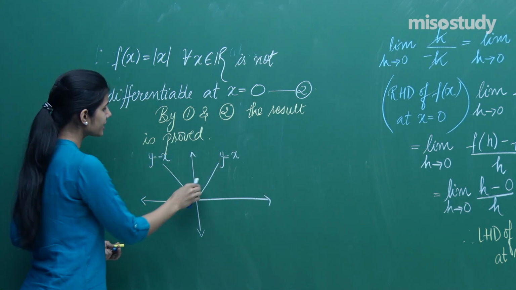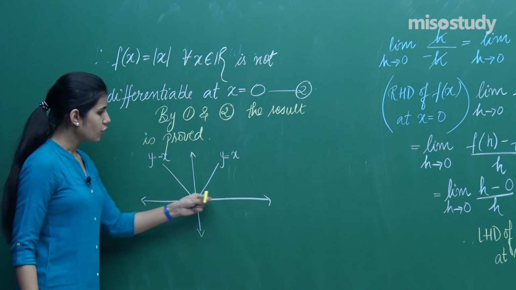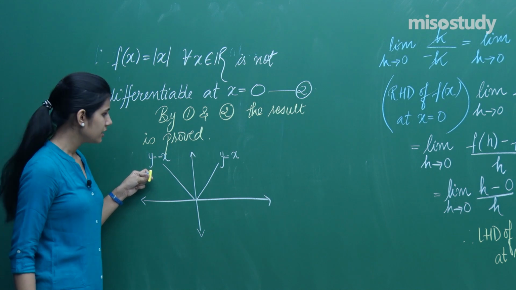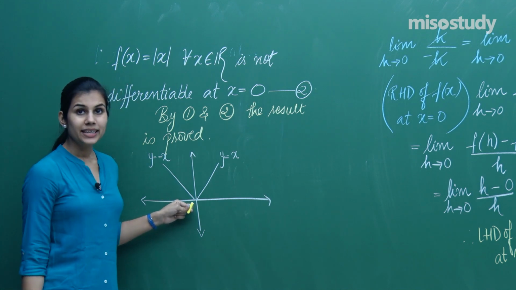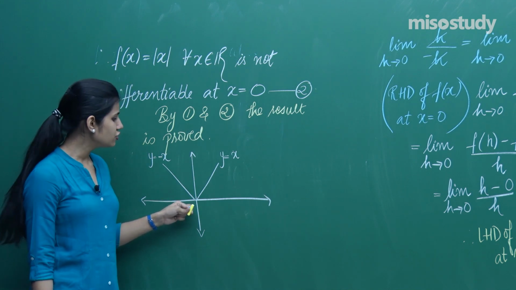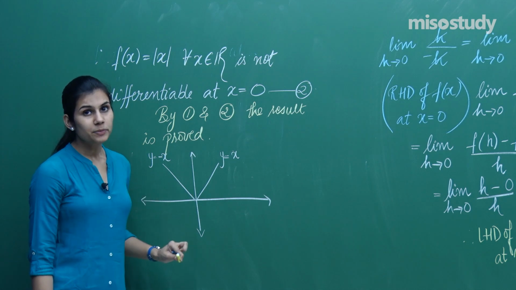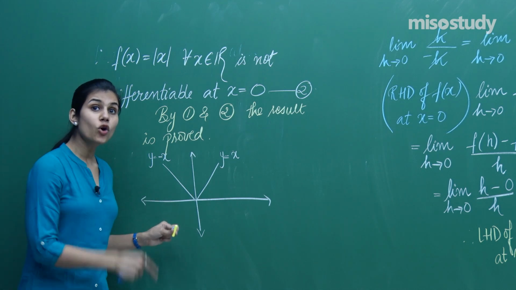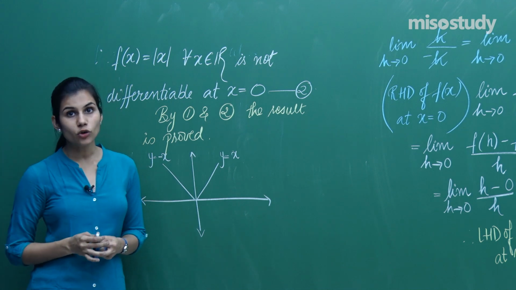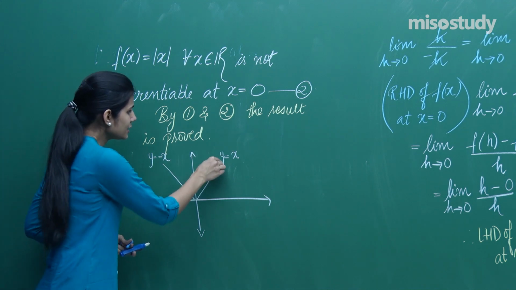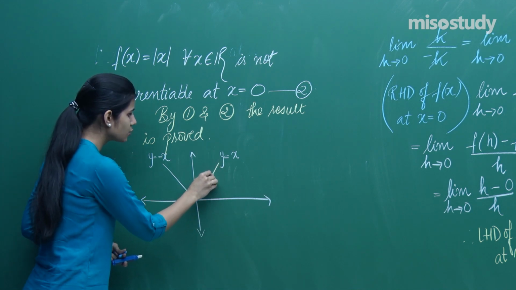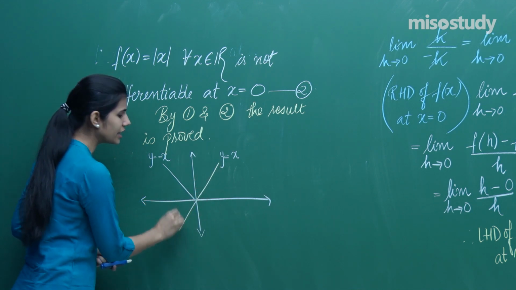This is y equals x, y equals minus x, for all non-negative reals here and for all negative reals here. What is the meaning of differentiable? The function is differentiable at the point 0 means the derivative of f at 0 will be equal to the slope of the unique tangent at 0. This is one tangent to the curve which can be drawn at 0.